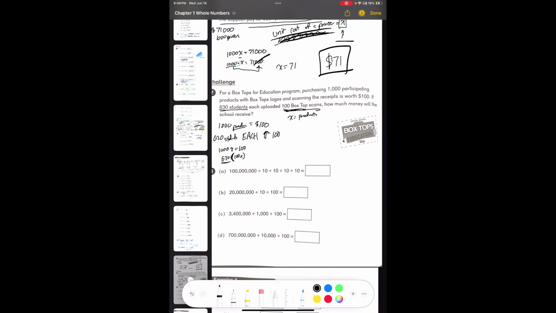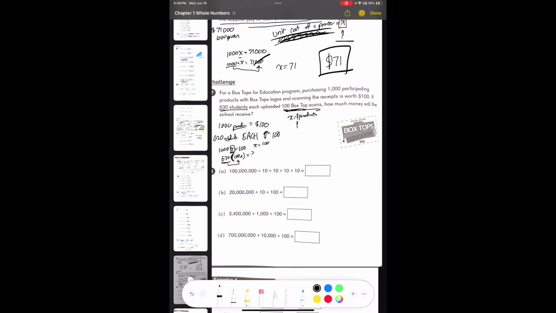So each student does 100 scans. What we're going to do is figure out how much money the school will receive. So x is actually going to be the price of the Box Tops logo, so we need to figure out what x is.